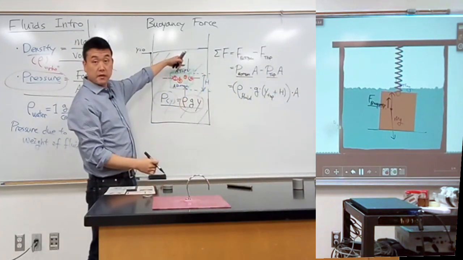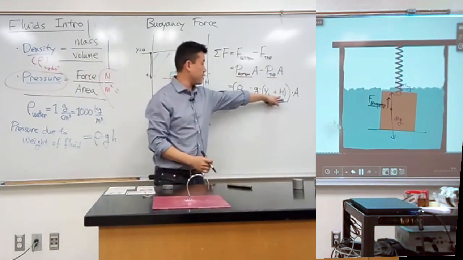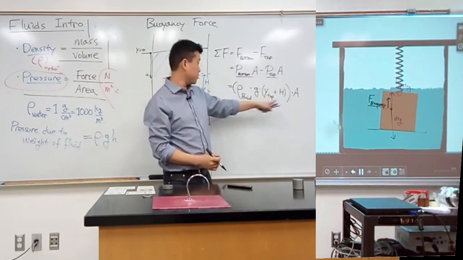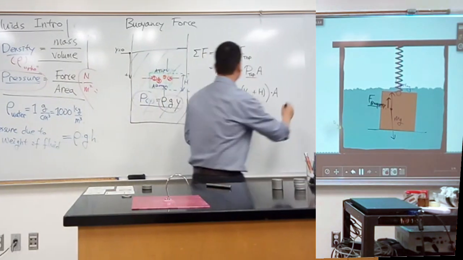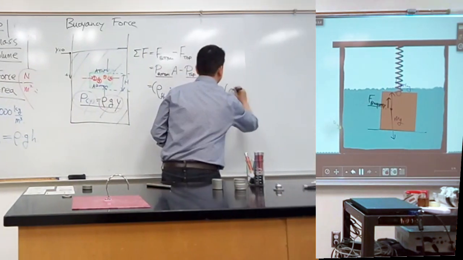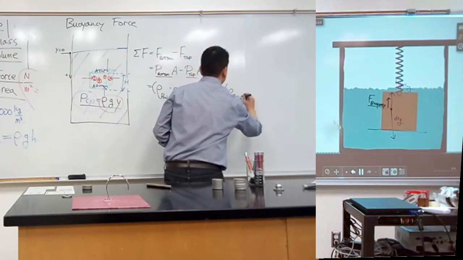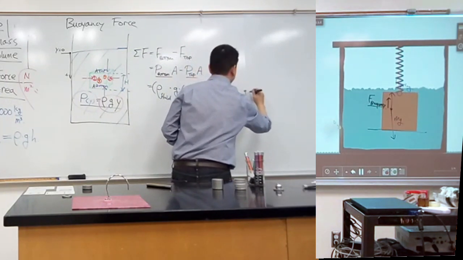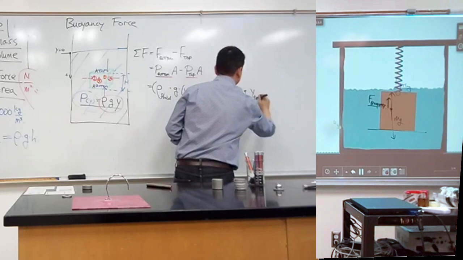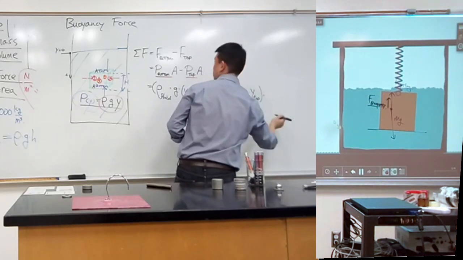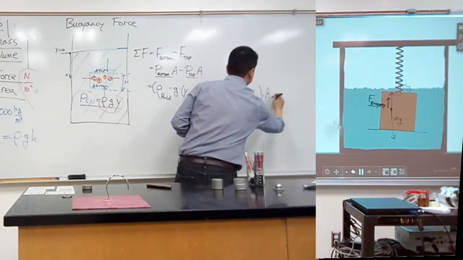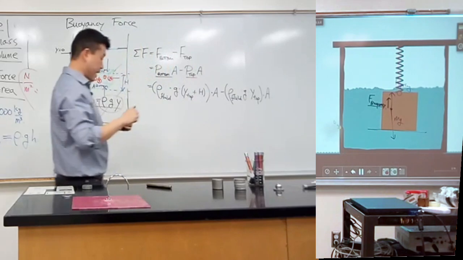Pressure at the top, it's all very similar except without the h, because your y position is at the top. So this will be minus density of fluid times g times y position at the top times the same area A. Do you see things canceling out?